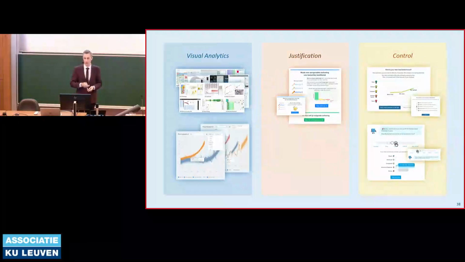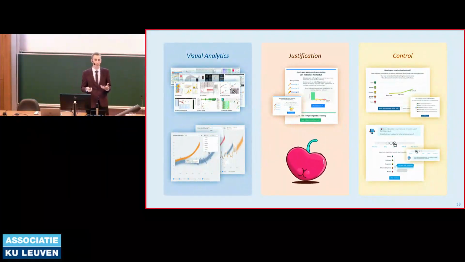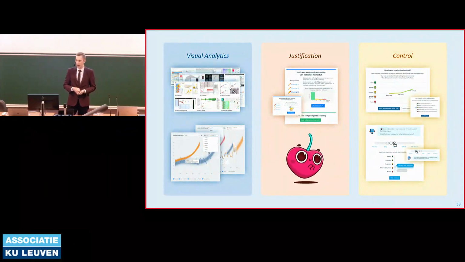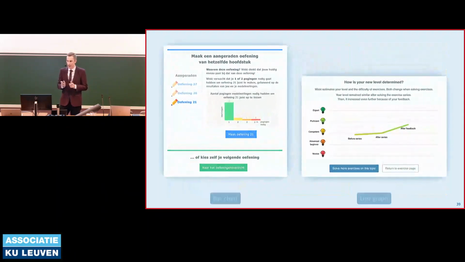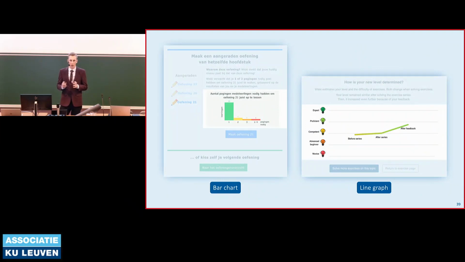So the rest of the talk, I'll just be presenting all the work that I did. There's 5 studies. And as you can see, there's different solutions that I applied: visual analytics, justification, control. I will explain what that means. But first, I want to tell you what visualization means again. Visualization does not mean we are going to work with diagrams or drawings of the inner workings of a model.